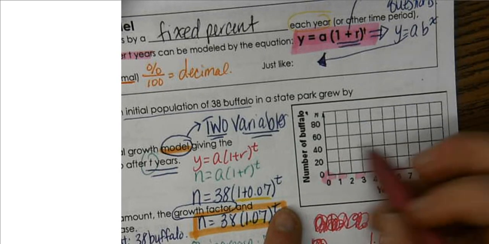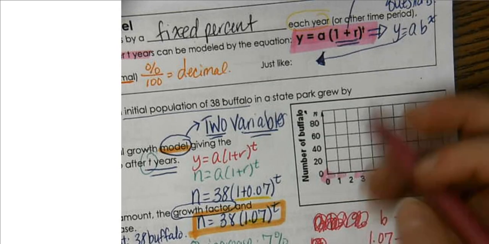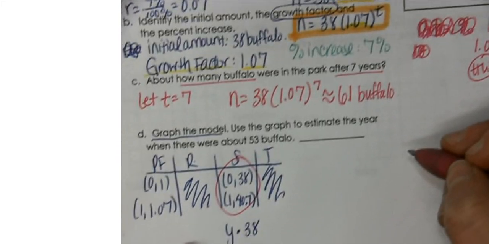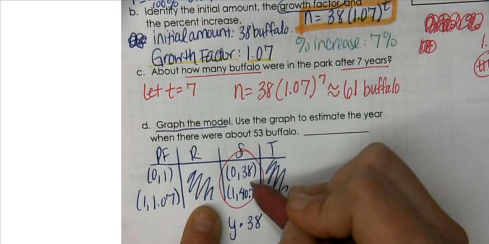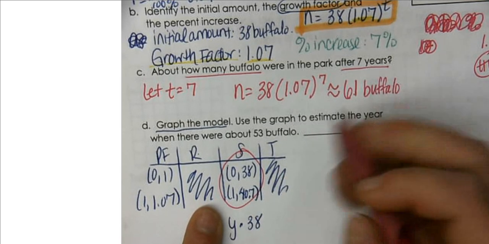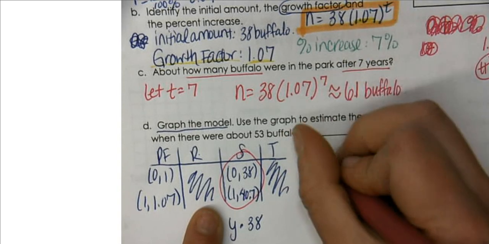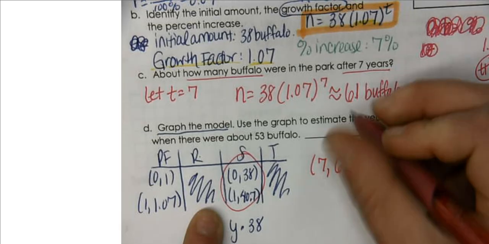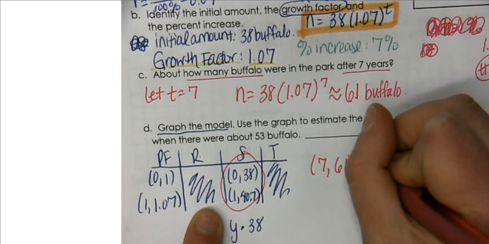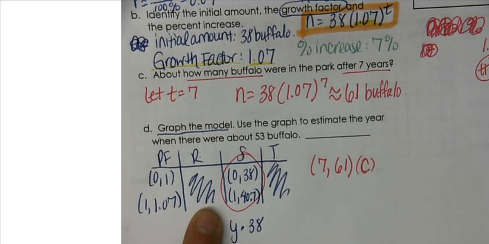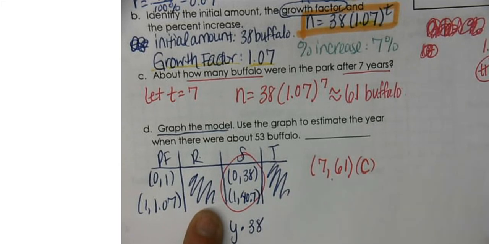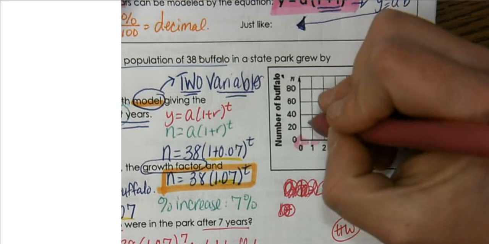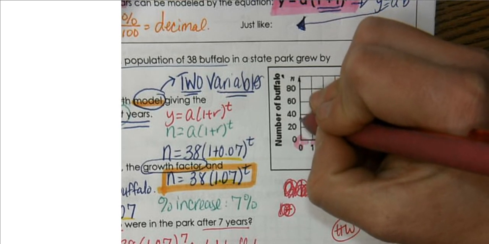And I'm going to start by plotting some points that I already know. So in addition to these points down here, I know 0, 38, I know 1 and 40.7, but you know what I also know? I know that if I let t equal 7, I'll get 61, and I found that in letter C. So because of that, I'm going to plot all 3 of those points. So let's go ahead and plot 0, 38. So this is going to be an approximation.